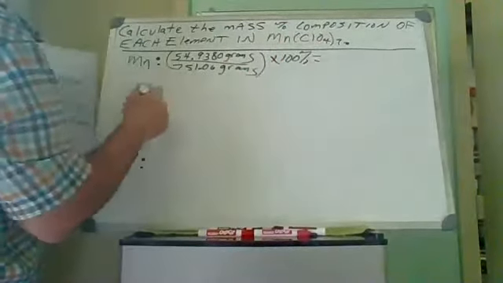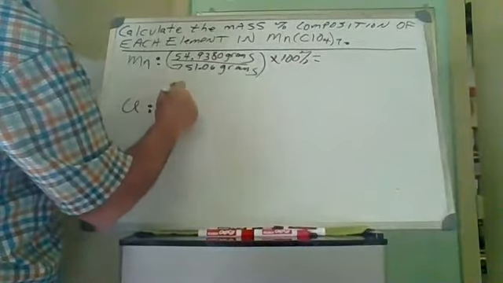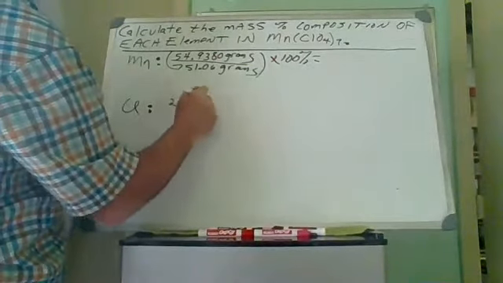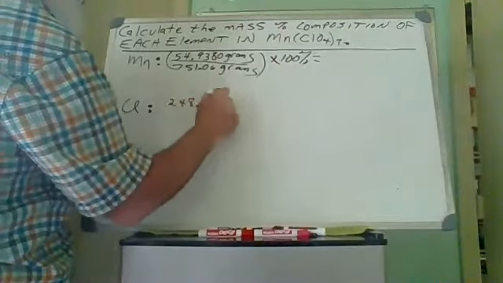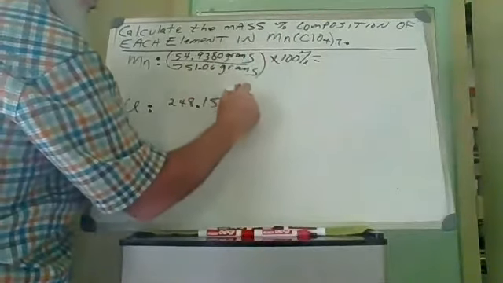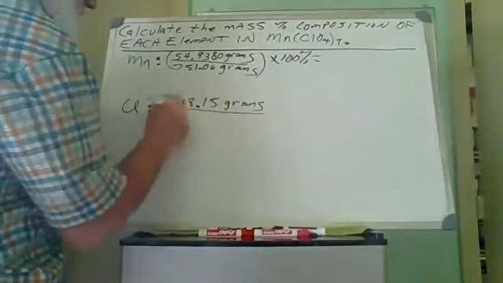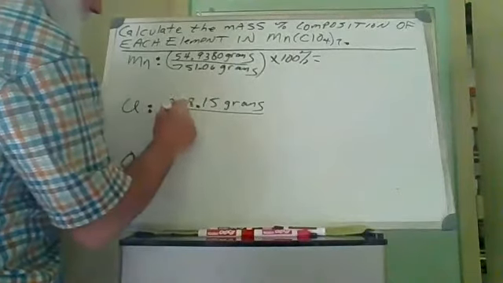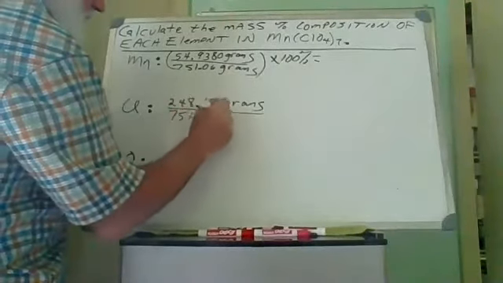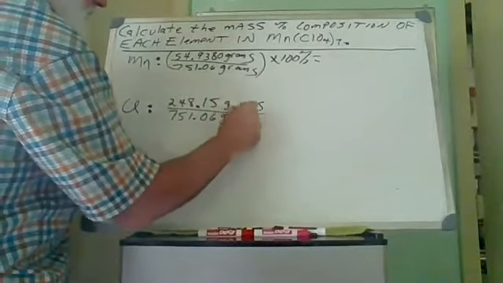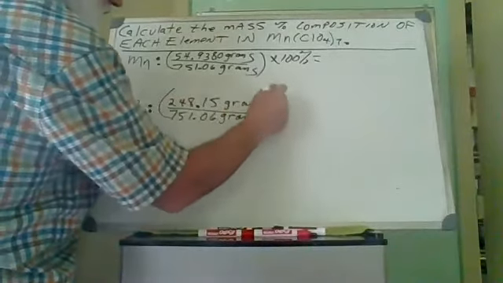All right, and chlorine was 248.15 grams. Remember, these grams cancel. I didn't point that out in the last problem, I don't think, or at least didn't emphasize it. So I'll be sure to do that this time.